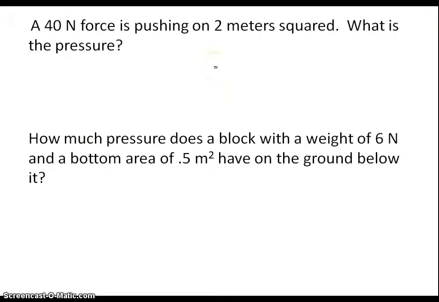Let's look at these questions and see if we can answer them using this equation. 40 newtons of force is pushing on 2 meters squared. What is the pressure? Well, first we write down our equation. Pressure equals force divided by area. And then we plug in our numbers.